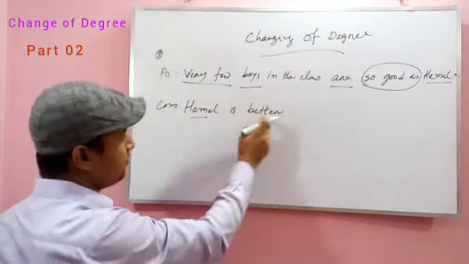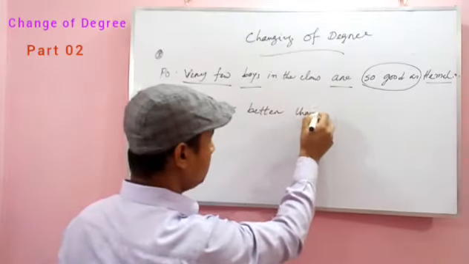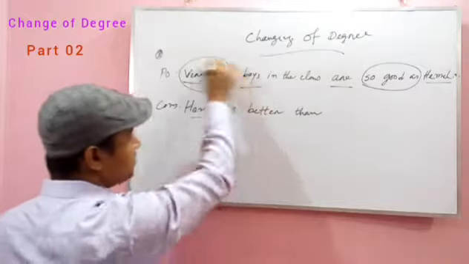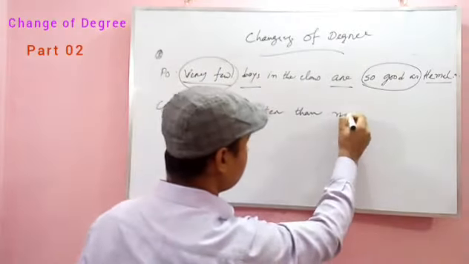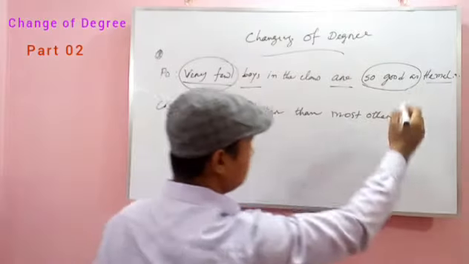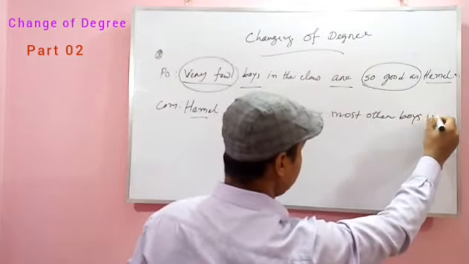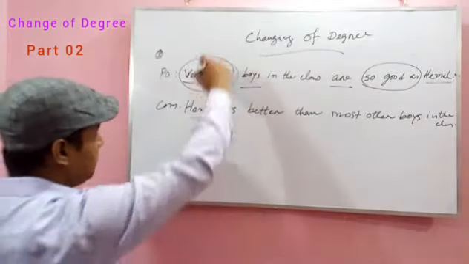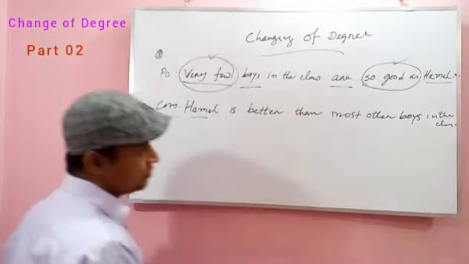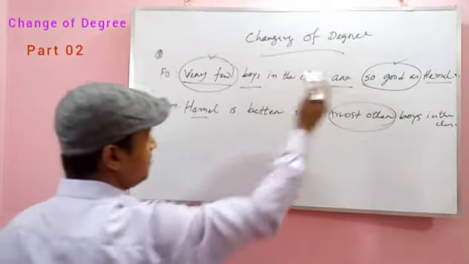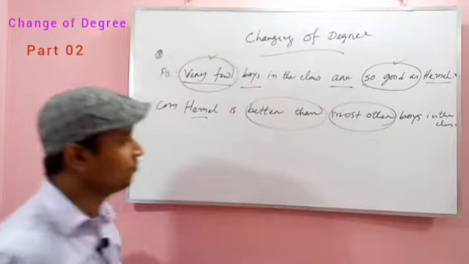So Himmel is better than most other boys in the class. Please notice that these two parts are changed. Very few changes into most other and this part changes into better than.